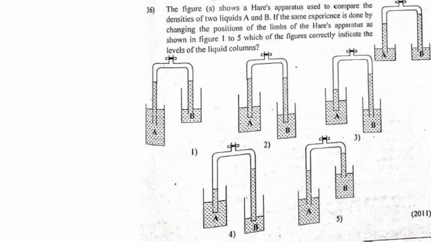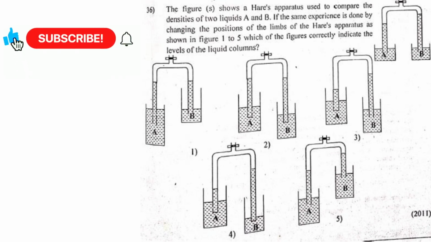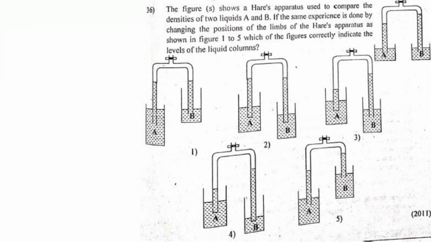36. The figure shows the gas apparatus used to compare the densities of two liquids A and B. If the same experiment is done by changing the position of limbs of the apparatus as shown in 1 to 5, which figure correctly indicates the levels of liquid?